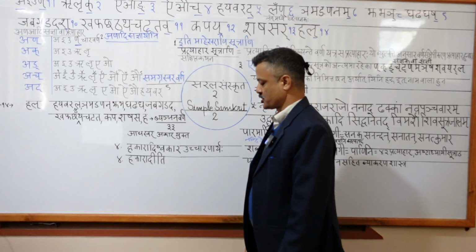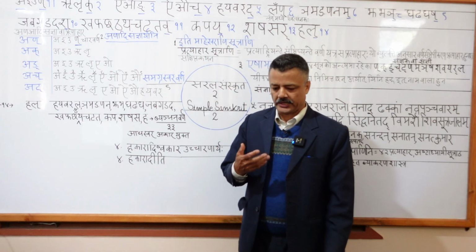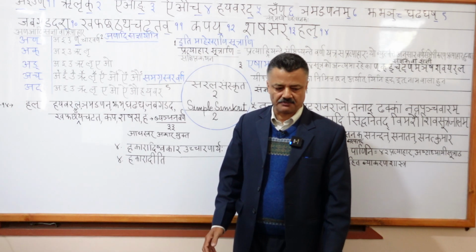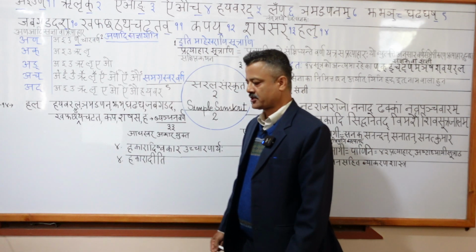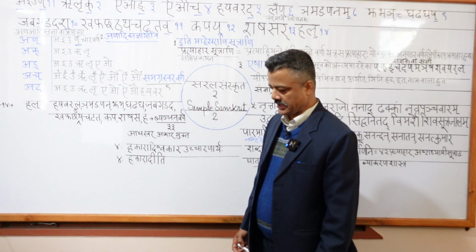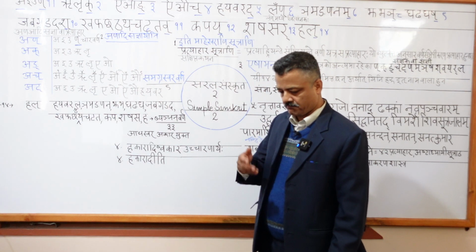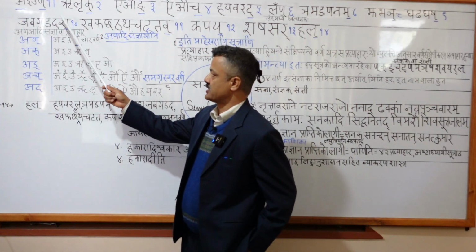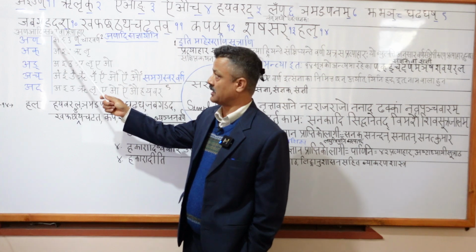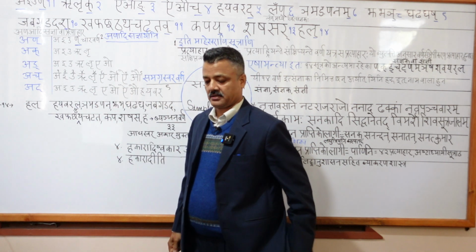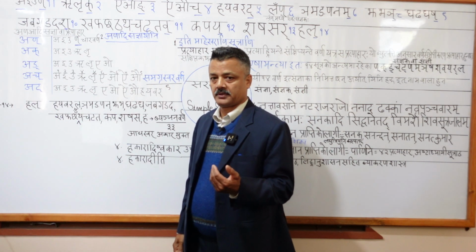So let me first help you with the pronunciation of these 14 aphorisms. I will try to pronounce them clearly, and I hope you can imitate or practice yourself. So here we begin. The first phrase, first sutra, first formula is a, like a in cup.